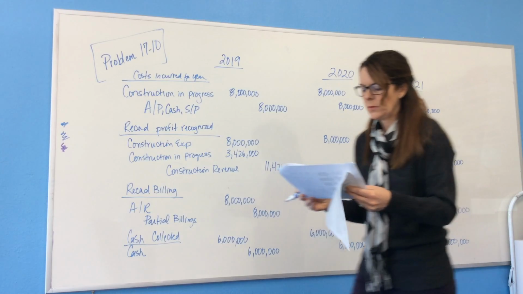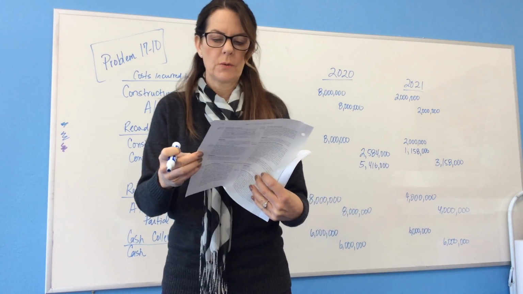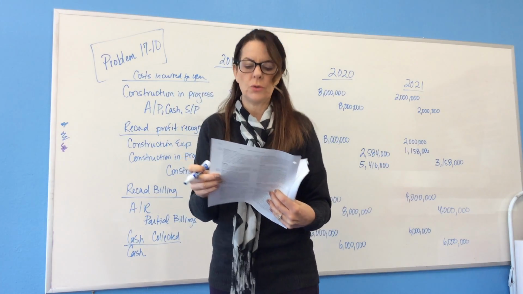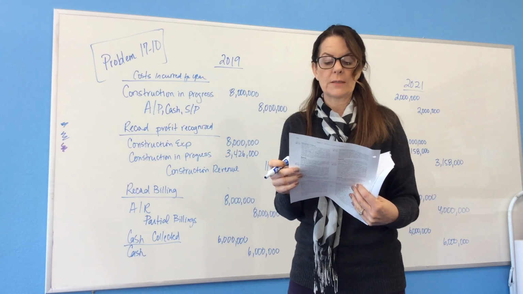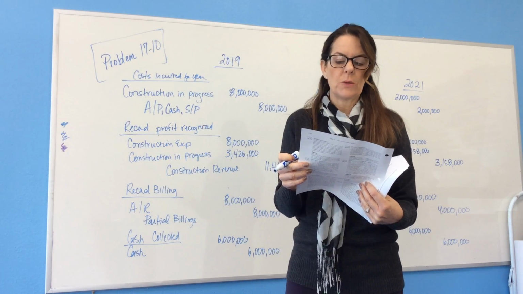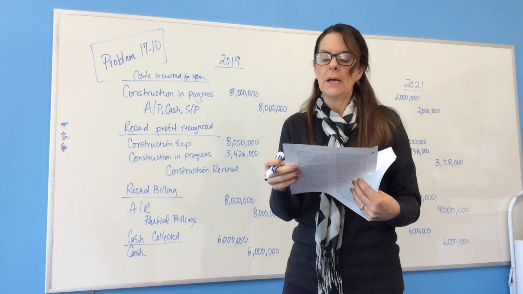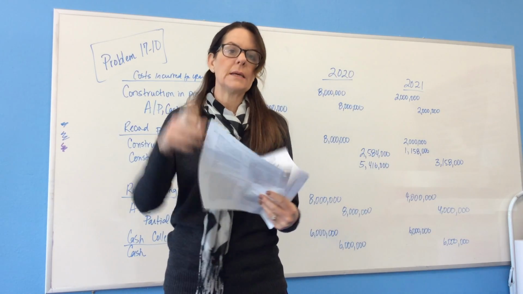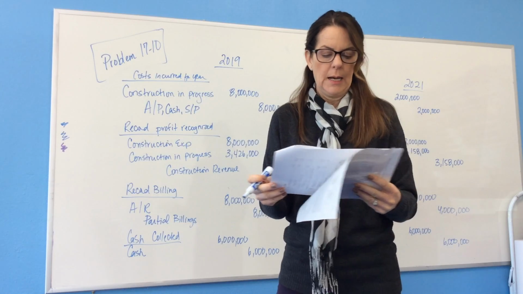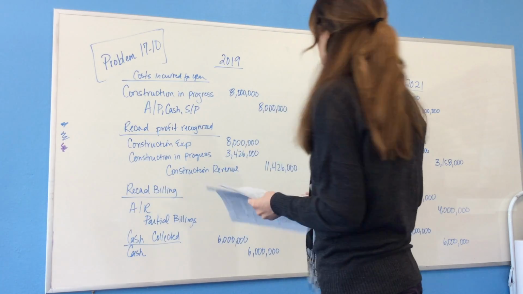Okay? Those are the amounts that I actually received because it tells you collections to date for 2019 was 6, then in 2020 it was 12, so you added another 6, and then in 2021 it was 18, so you added another 6.